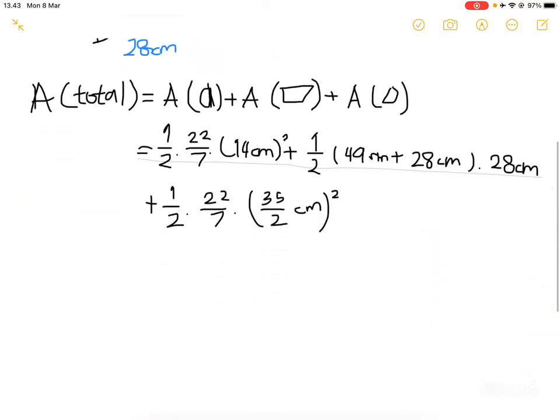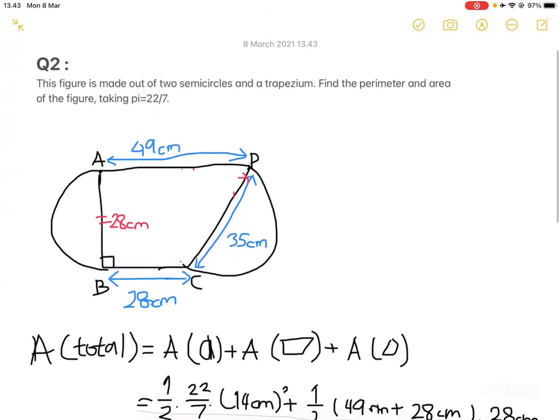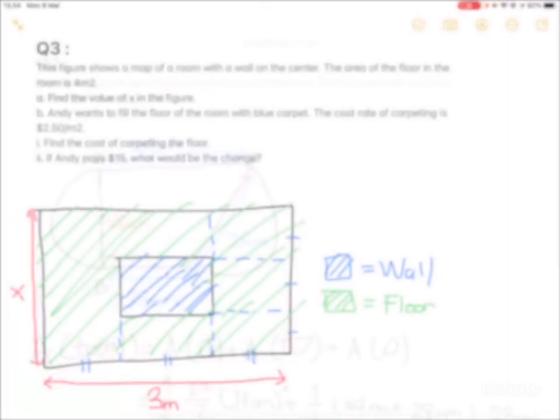I'll let you continue this step of calculation, and you'll get the area will be 1,867.25 centimeters squared. Alright, so that's it for question number 2. Let's jump into the third one.